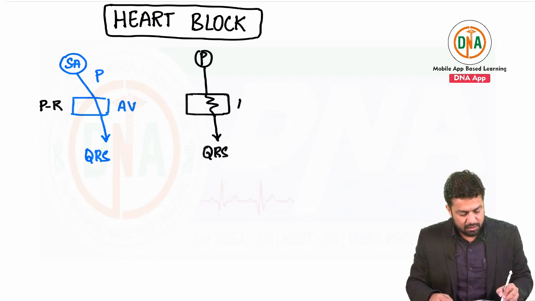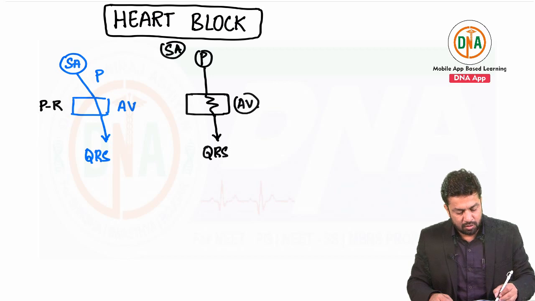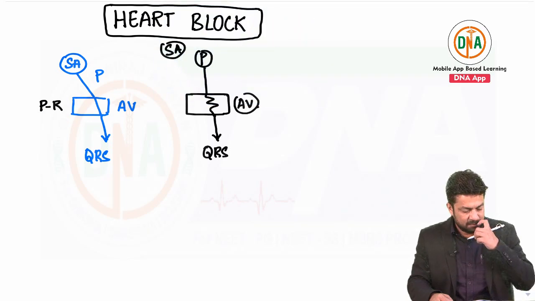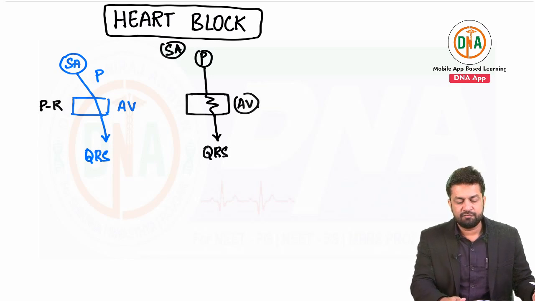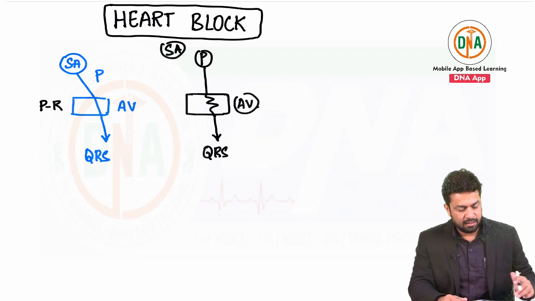This AV nodal delay gives rise to the different types of heart blocks, or different degrees of heart block. You have the first degree, second degree, and the third degree of heart blocks that are very important.